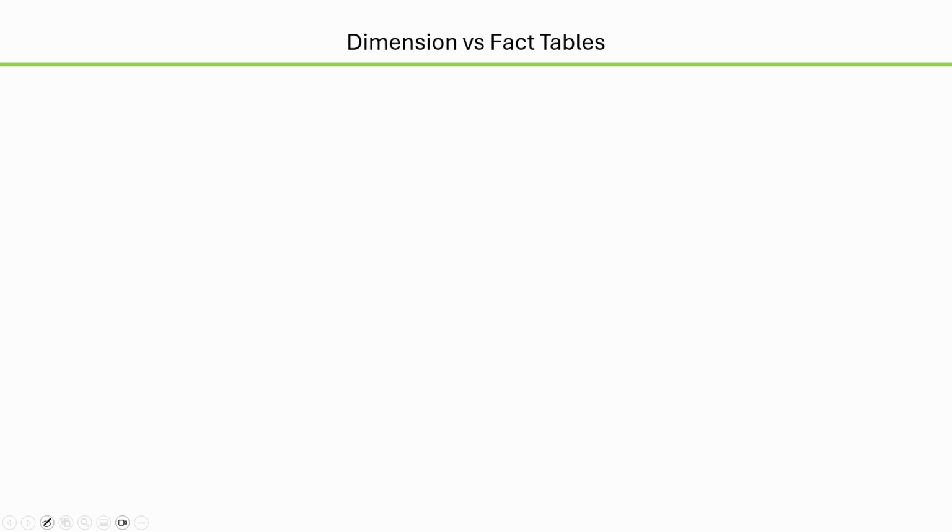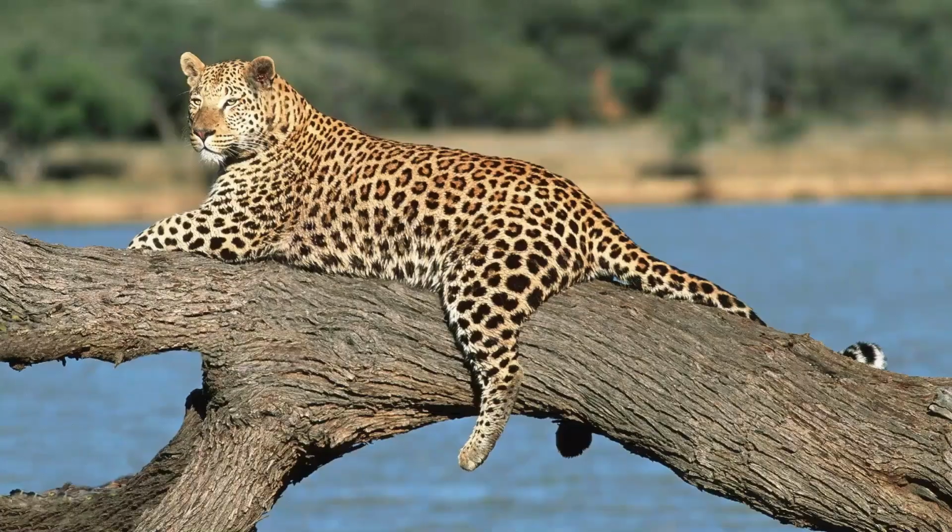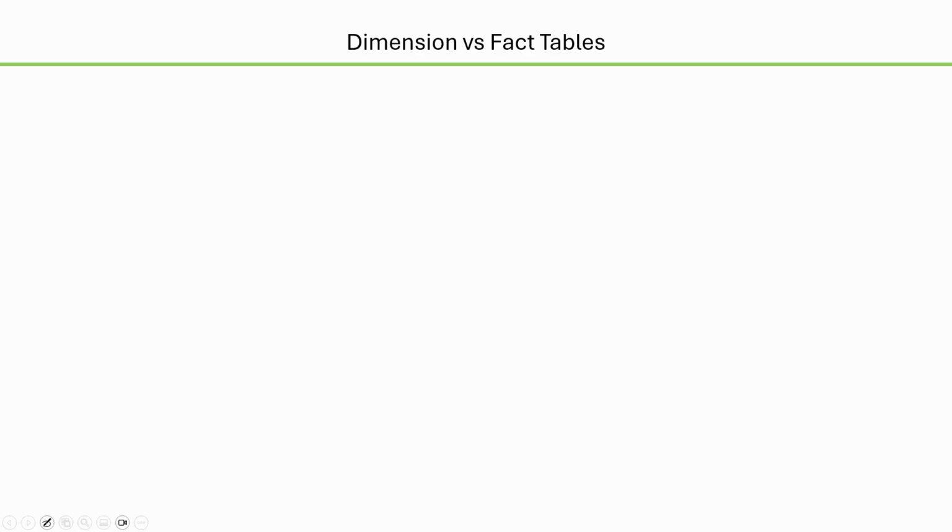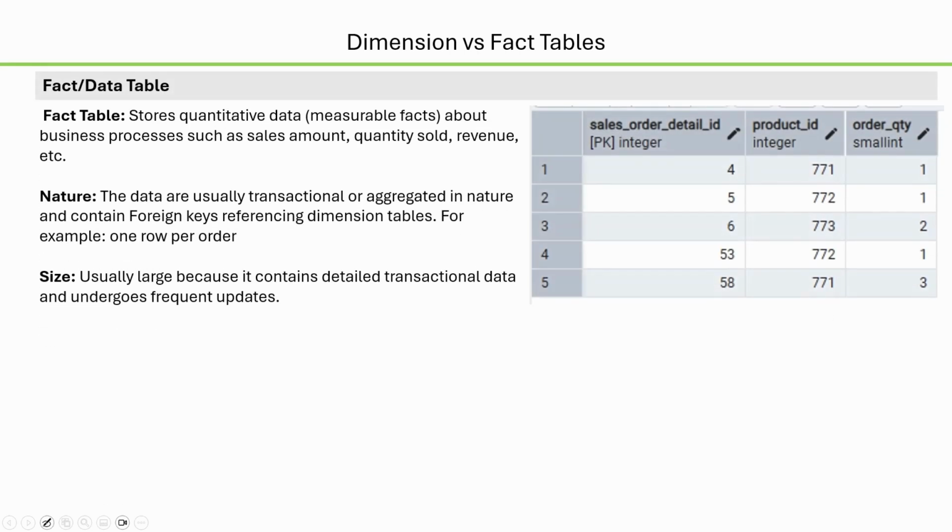Now, what do we mean by fact tables or dimension tables? First of all, when we're talking about fact versus dimension tables, we are focusing on the data itself. A fact table stores quantitative, measurable data about business processes or transactions.